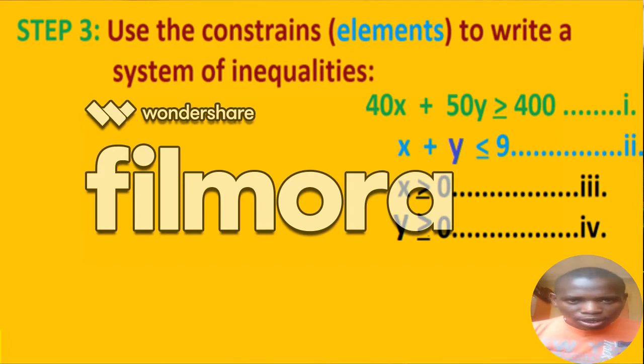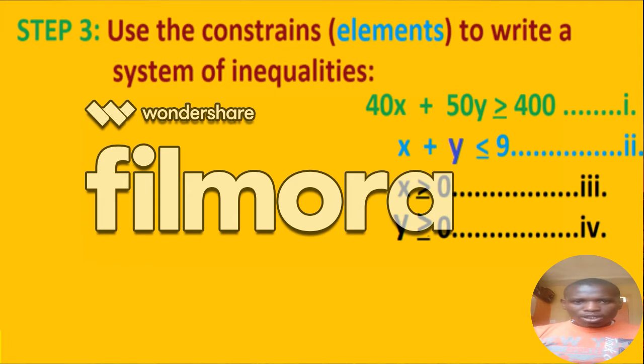And the first inequality we are going to write regards the number of seats with respect to the number of students to attend the trip. Therefore, we are going to have 40x plus 50y is greater than or equal to 400.